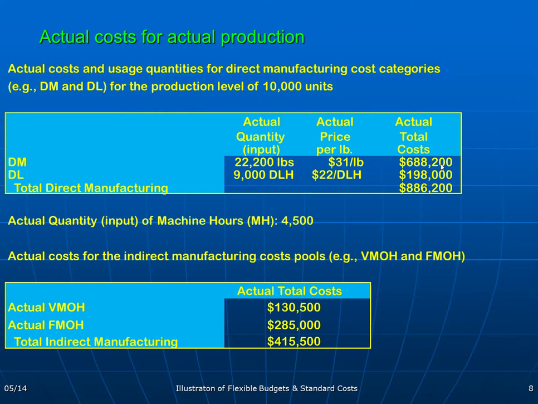What were our standard costs for direct material? As we saw on the previous slide, our standard cost per unit was $60. We made 10,000 units, so that's $600,000. So we are going to have an unfavorable direct material variance of $88,200. What about direct labor?